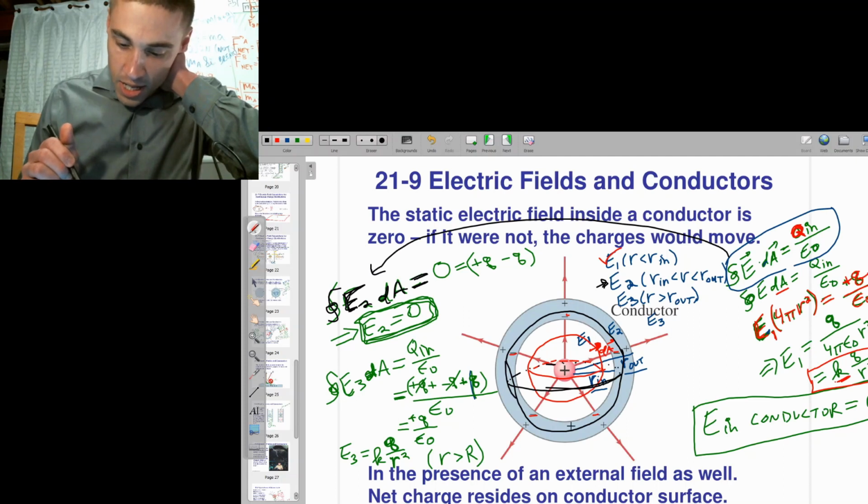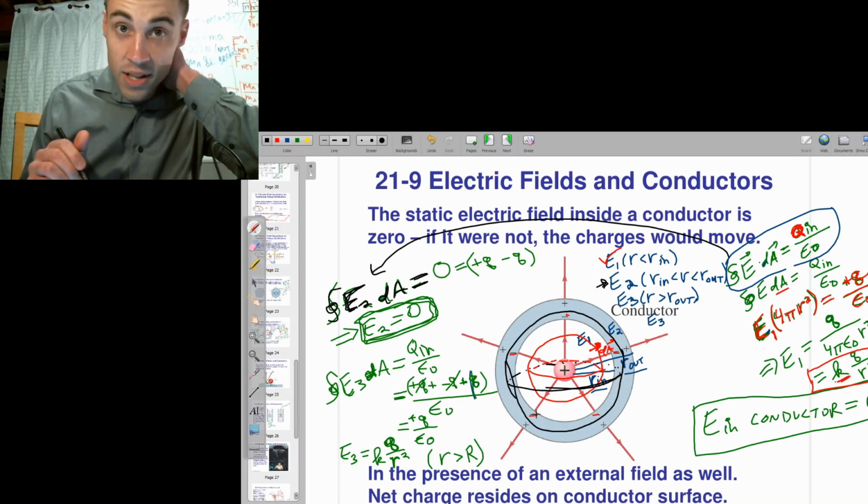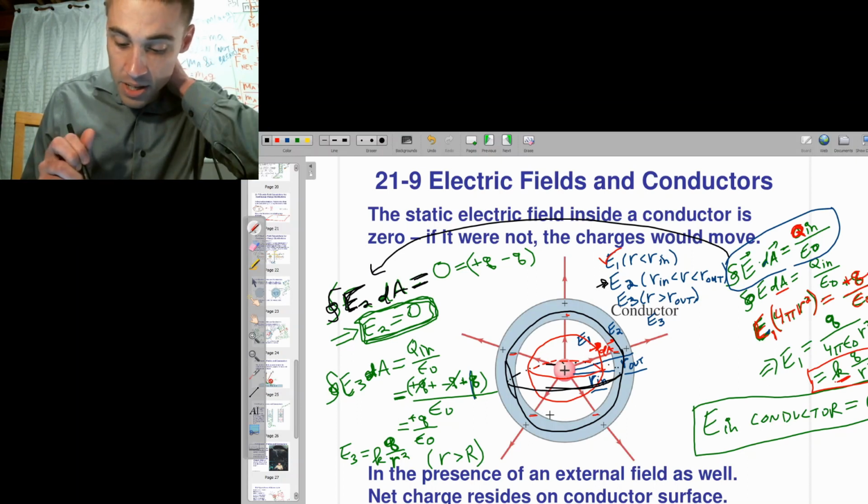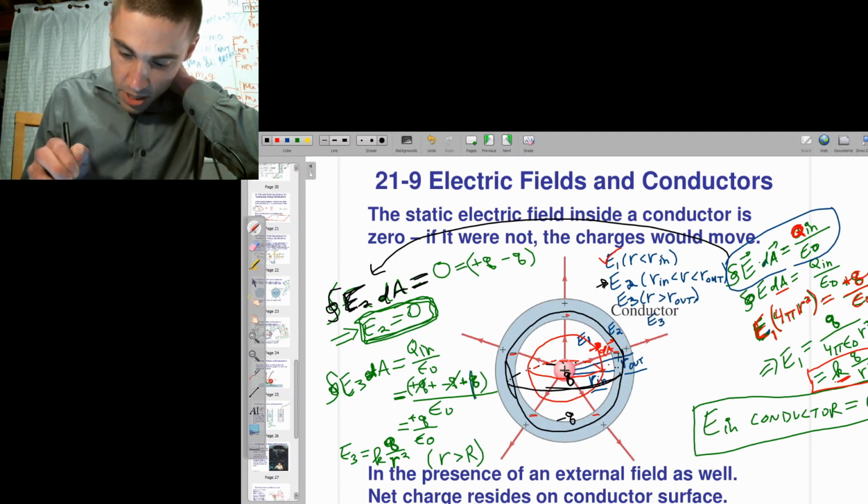The interior of it encompasses both the positive charge in the center as well as the negative charge that has piled up on the inside. If this is a positive charge Q at the center, you're going to get a minus Q total distributing itself evenly on the interior of this conductive shell. So the net charge enclosed by this surface is going to be 0.